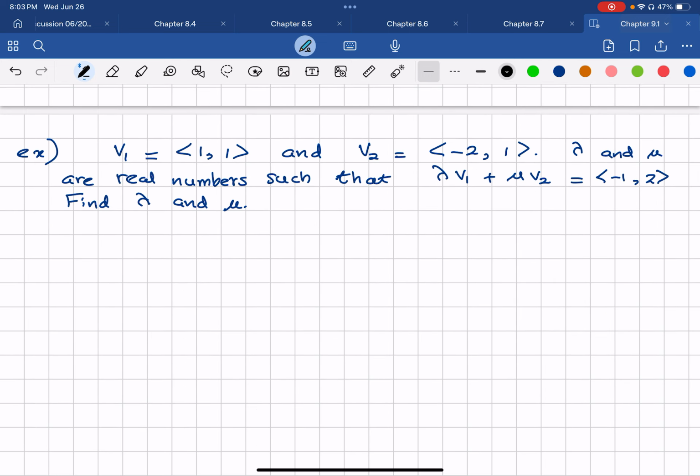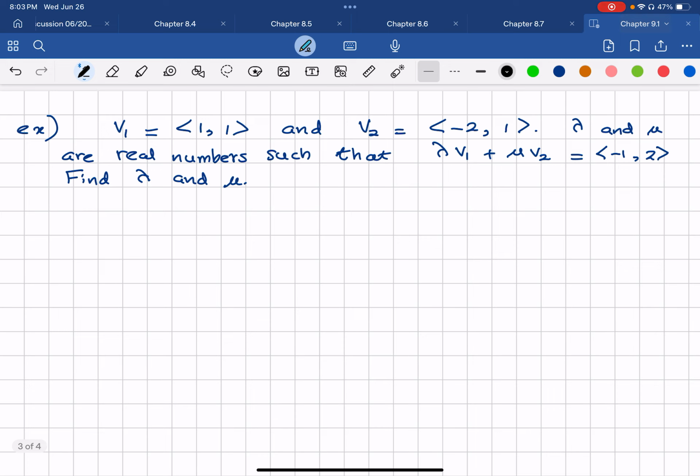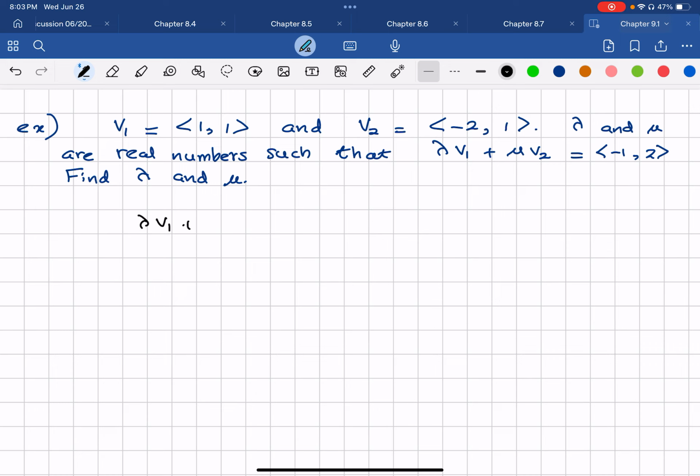Let's move into the next example. I have given two vectors v1 and v2. I have asked you to find lambda and mu such that lambda v1 plus mu v2 equals (-1, 2). Okay, so what is lambda v1 plus mu v2?